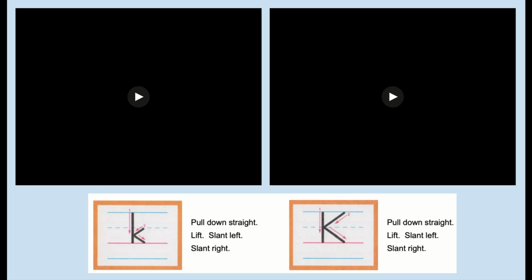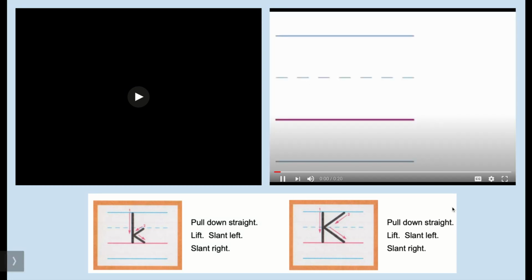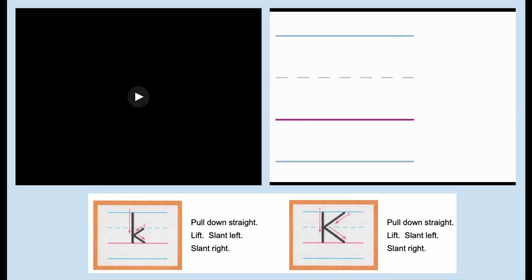All right, put your pencil down and let's watch as we learn how to make the uppercase k. Uppercase k. 1. Pull down straight. Lift. 2. Slant left. Slant right. Uppercase k.